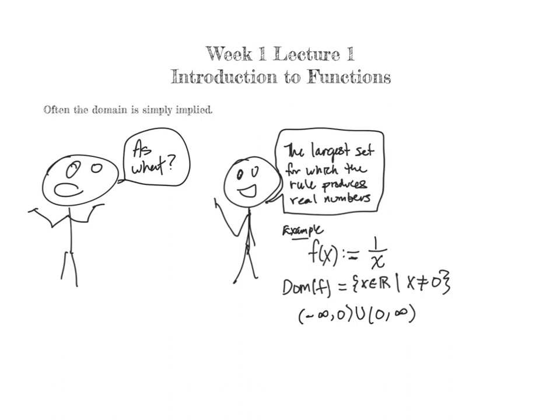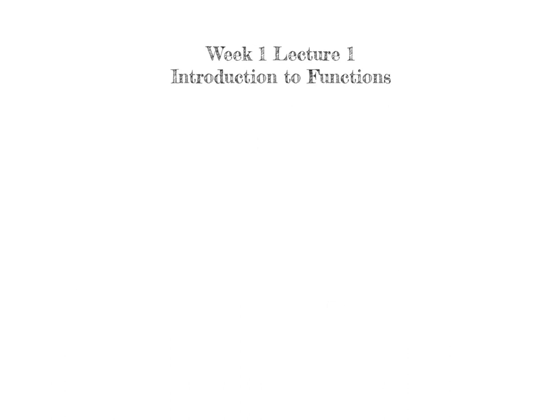This is because 0 is the only real number for which 1 over x is undefined. If we wish to talk about another function using the same rule, 1 over x, then we must explicitly state the domain.